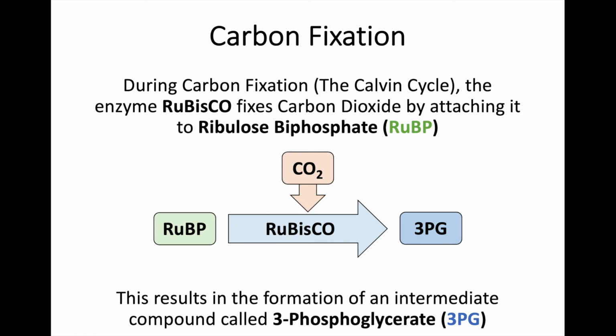And the role of Rubisco is to fix or bind carbon dioxide to that RuBP. So we have RuBP, and we have the carbon dioxide, which is taken in from the atmosphere, and the enzyme Rubisco binds them together in order to go through a process and result in the formation of an intermediate compound called 3-PG. So again, make sure you go through this a few times just so you get these ideas in your head, and I'll just work through it one piece at a time.